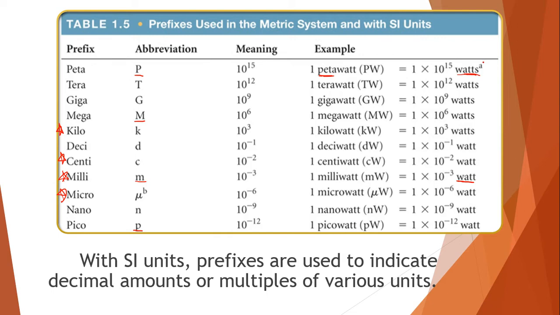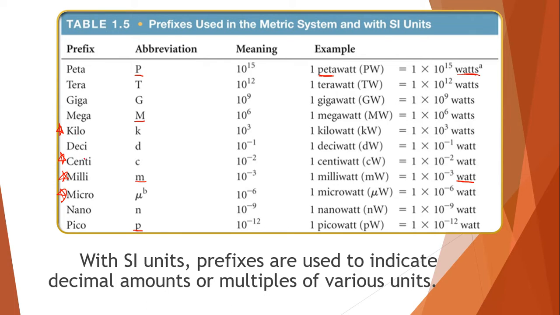Now, with the SI units, there are prefixes that we can use to indicate different amounts or multiples of those units. The most common ones are kilo, that I've starred here, centi, milli, and micro. These are very common ones that we use in chemistry. It does eventually get lower, but for us, this is what's important.